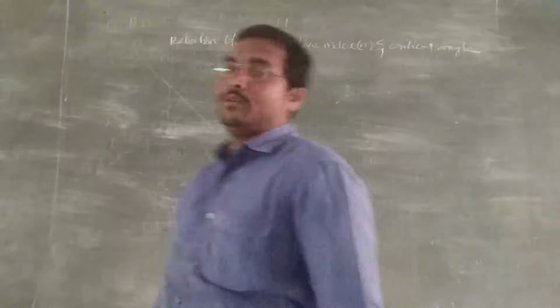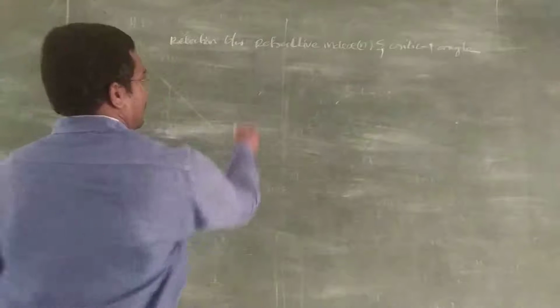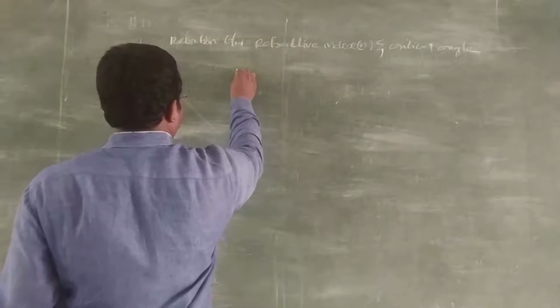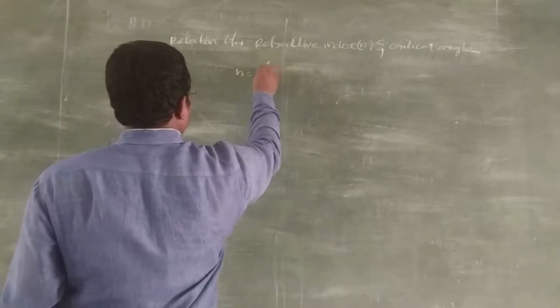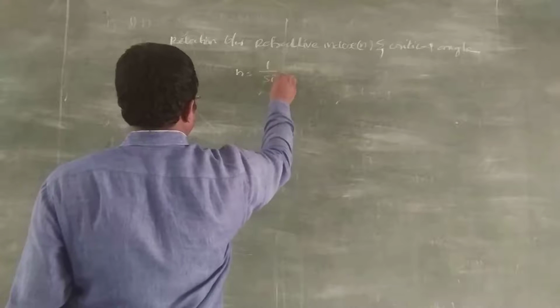So what is the relation here? n, the refractive index, is equal to 1 by sin C.